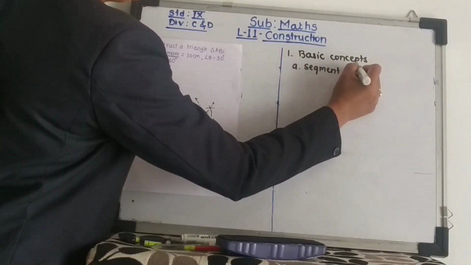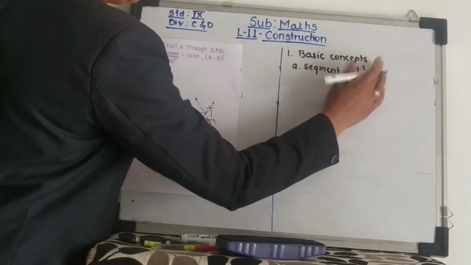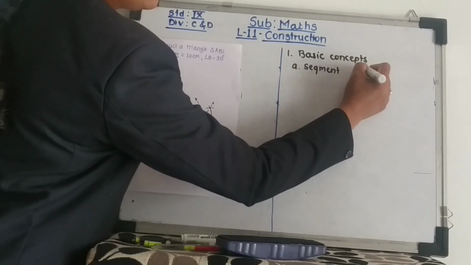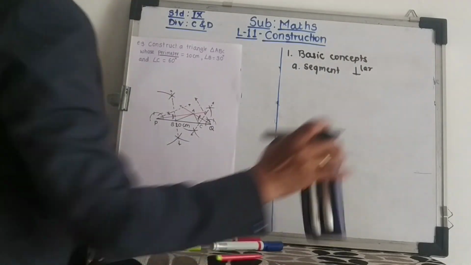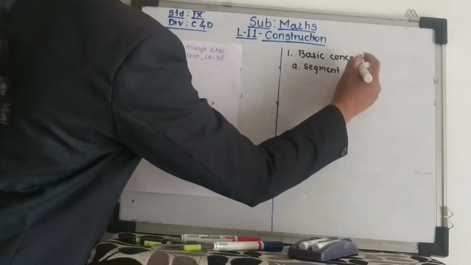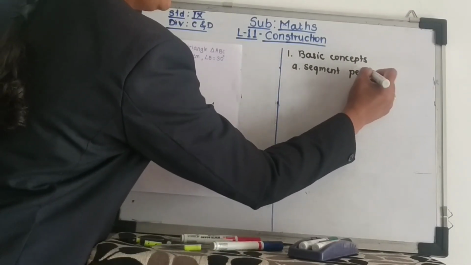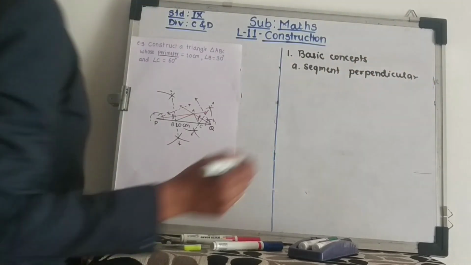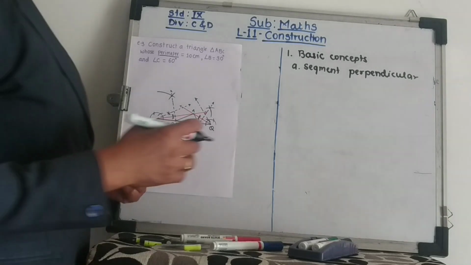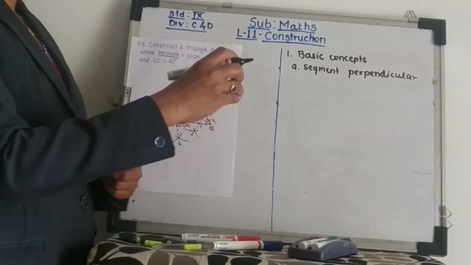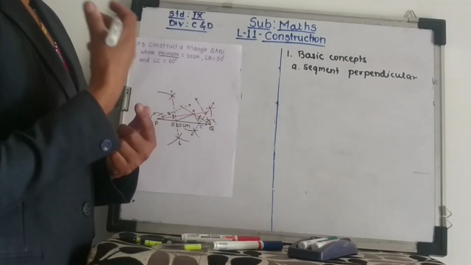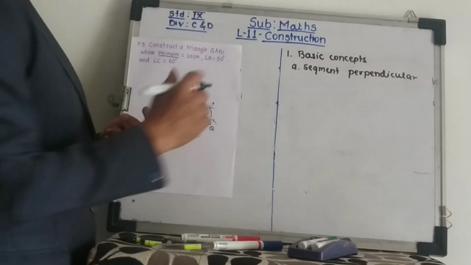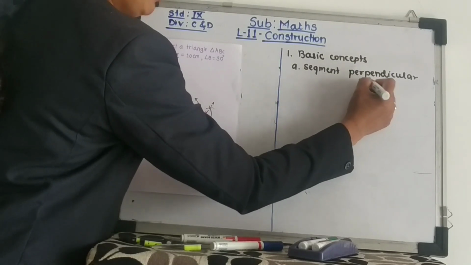We have drawn the perpendicular and bisector, both when the point is given on the line and when the point is given outside the line, where we drew the perpendicular. So that we have seen.